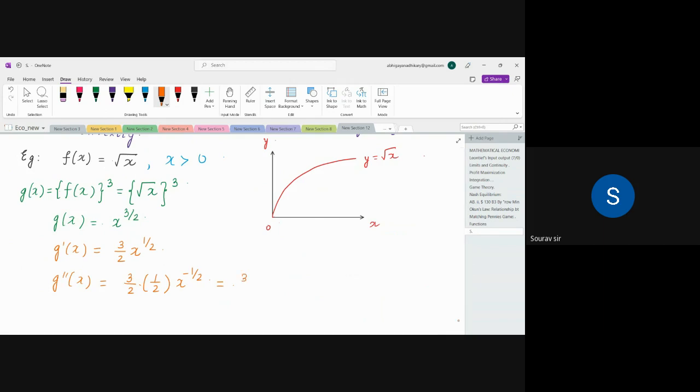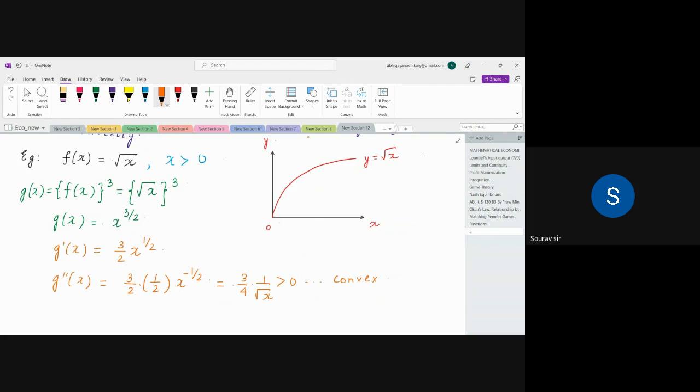So that is 3 by 4 times 1 by root x, which is greater than 0. So it becomes convex, whereas this curve is concave. So if you take a monotonic transformation, the convexity and concavity properties will change, as you can see in this example.